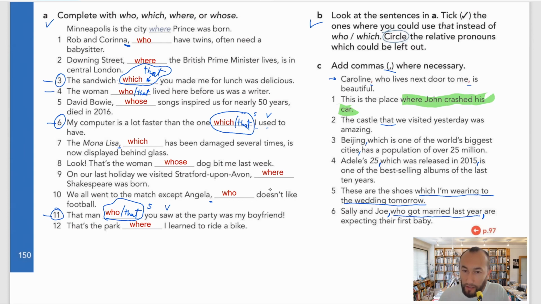And where's the main idea here? The main idea is Sally and Joey are expecting their first baby. So you remove the relative clause or not, the main idea stays as it is. That's why who got married last year has to be surrounded by two commas, because it's a non-defining relative clause, guys.